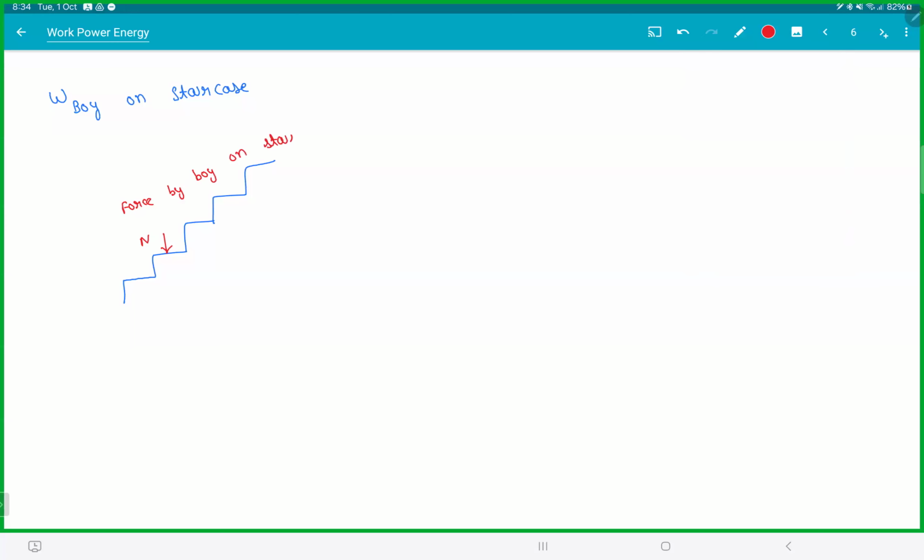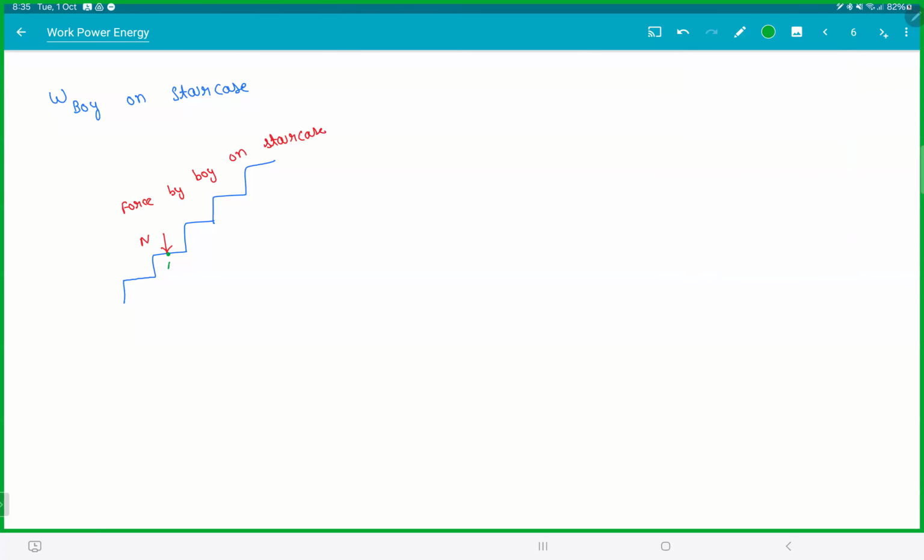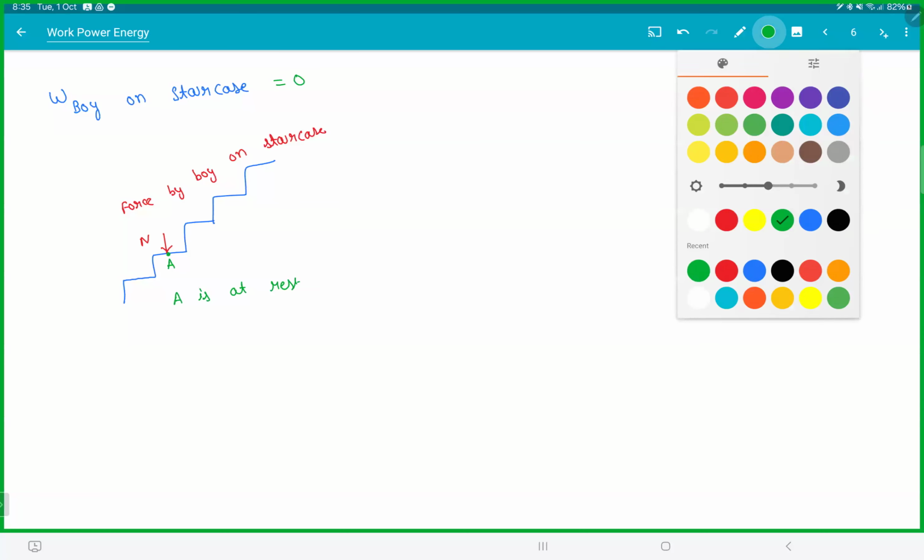You're pushing the staircase down. But tell me one thing, the point where you're pushing, is this moving? You're pushing the floor down, but is the floor going down? It is at rest. Therefore, work done by the boy on the staircase is 0. You're not doing any work on the staircase.